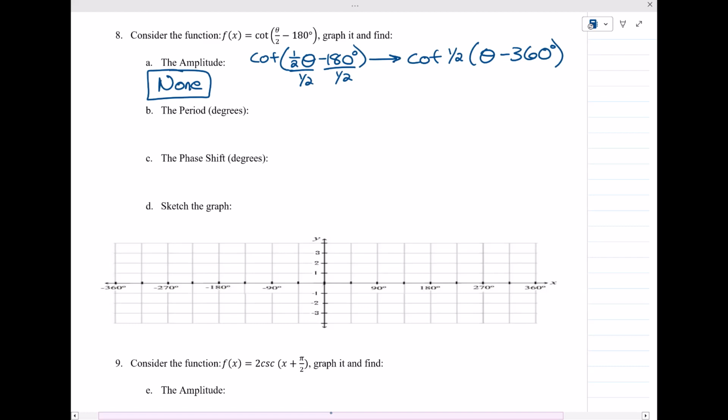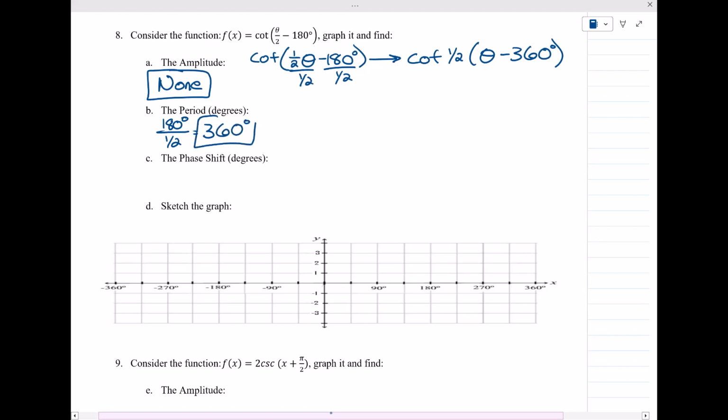Now, as far as the period, it looks like this is in degrees. So you have to remember that chart that I gave you in the notes. Everything had a period of 360 degrees, except tangent and cotangent. Their periods were what? 180. Very good. So the normal period is 180, but we're dividing by 1/2, which gives us a period of 360 degrees.